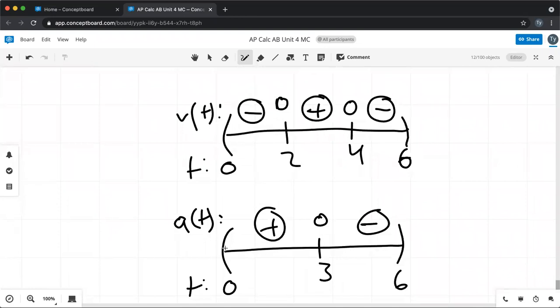Right off the bat, if we start at 0 and go forward, we start with a negative velocity and a positive acceleration. This is good, but these don't line up, right? You can maybe imagine drawing this. The acceleration is still positive from 2 to 3.